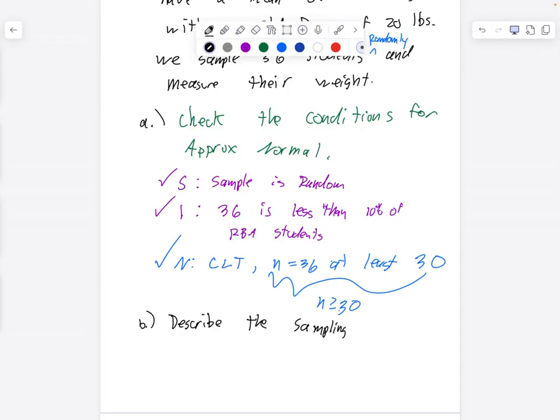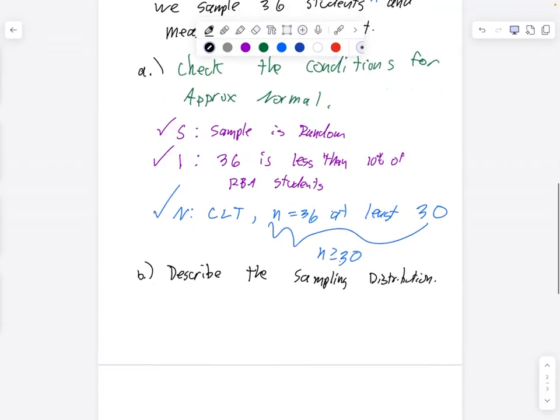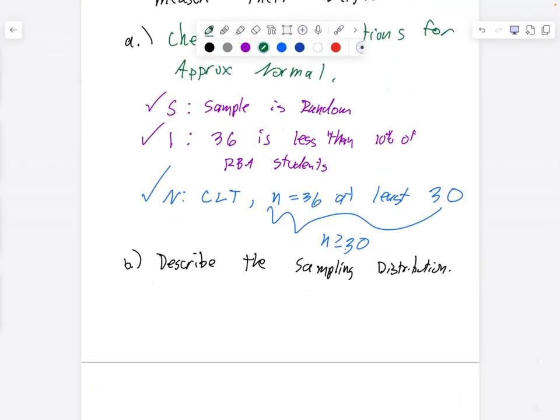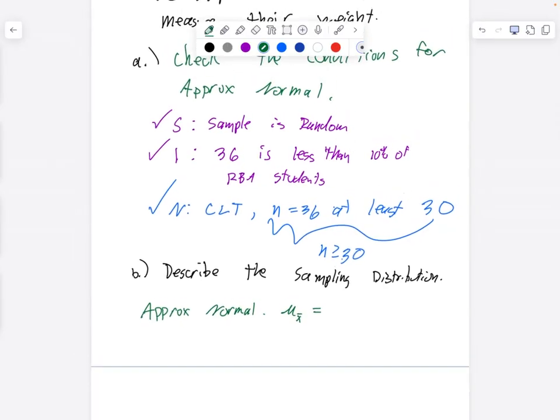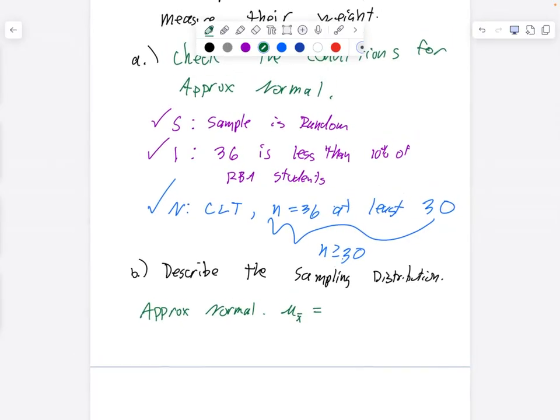And what's the standard deviation? What is our standard deviation? Come on, we got 3 minutes. Standard deviation is 20 over the square root of 36.